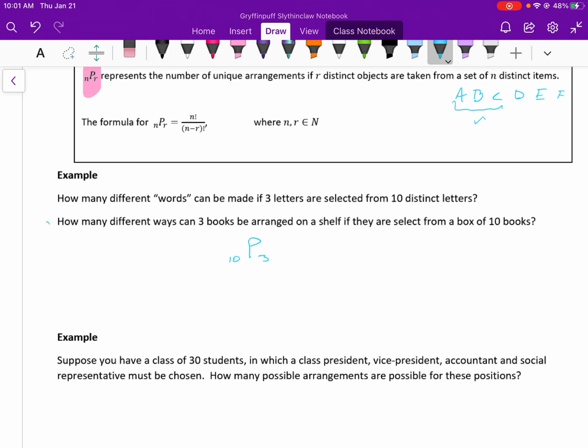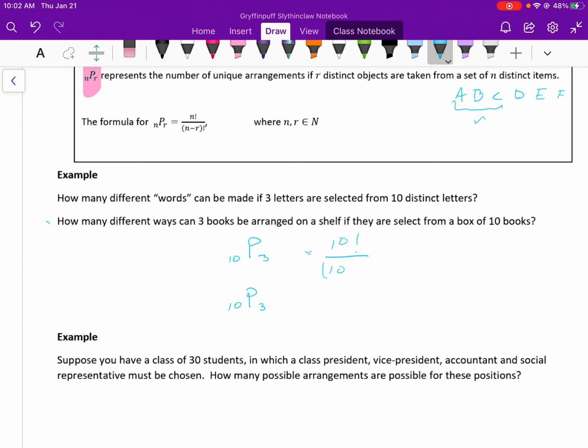How many different ways can 3 books be arranged on a shelf if they are selected from a box of 10 books? Presumably, the order of the books will matter. That is, I'm going to assume that A, B, C is going to be different than C, B, A. So again, out of a total set of 10, I am going to select a subset of 3 of those.